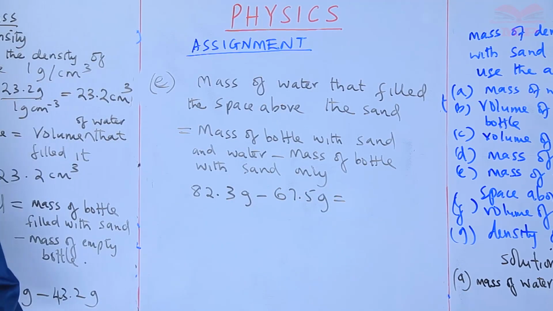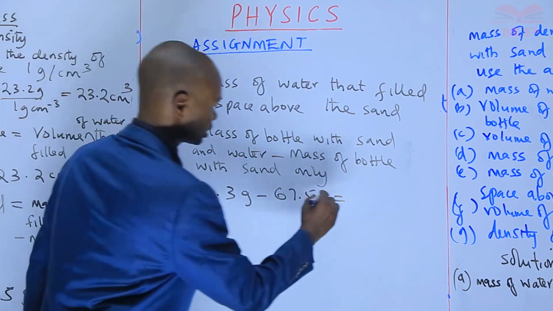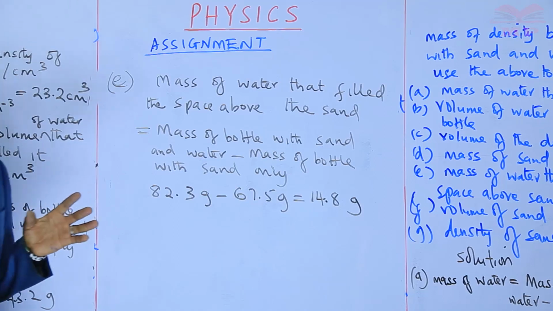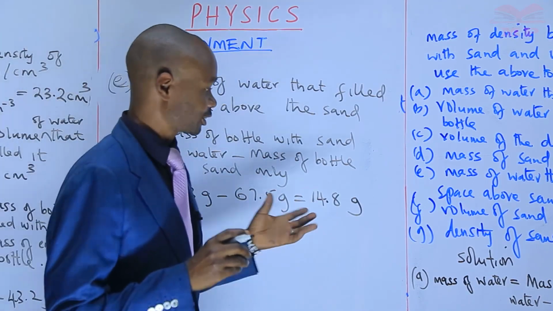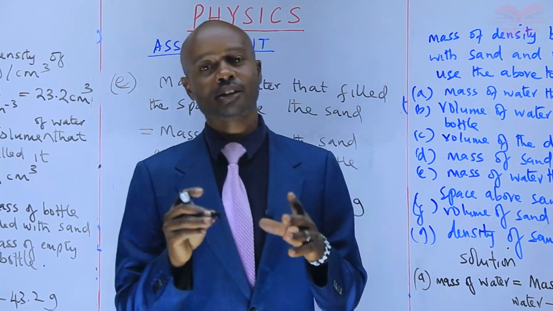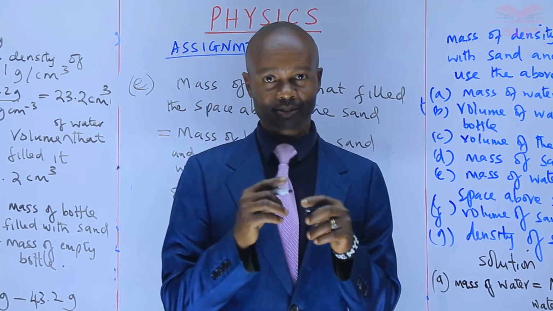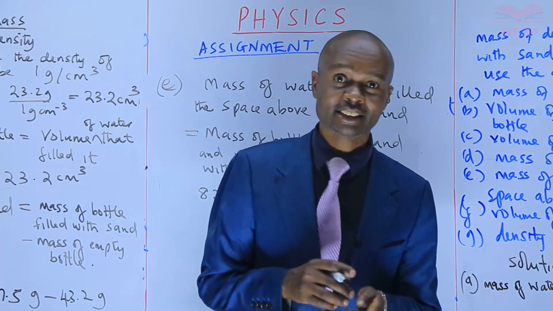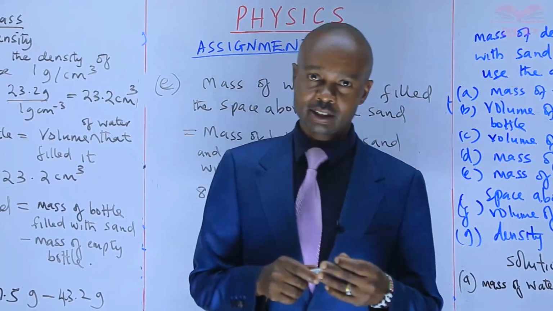That gave us 14.8 grams. So there is something you should note. What we are getting here is actually the volume between the particles of sand. What we got earlier was not the exact volume of that sand.